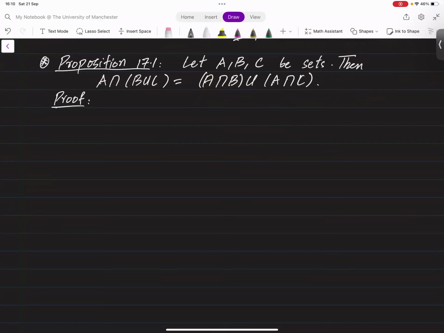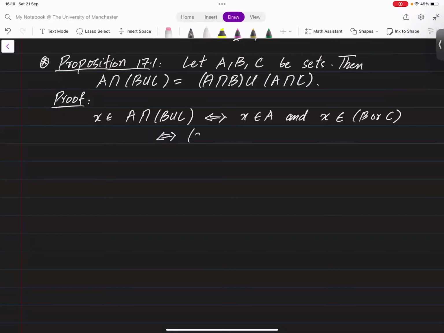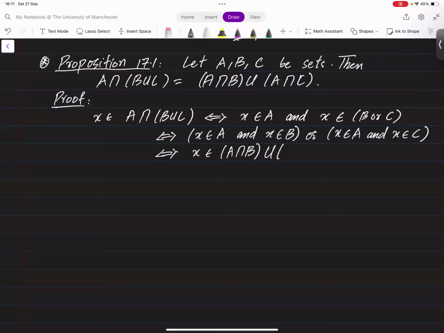We say that X is inside A intersection (B union C) if and only if X is inside A and X is inside B or C. Then we can further say that if and only if X is inside A and X is inside B, or X is inside A and X is inside C, and this we can combine by saying that X is inside (A intersection B) union (A intersection C). So that's how we prove it.